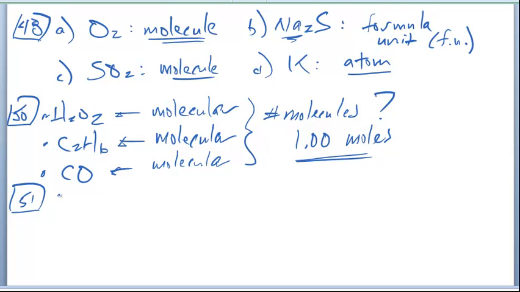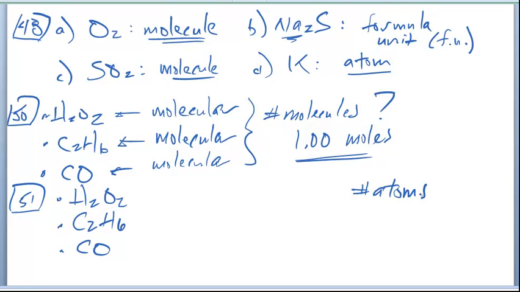Okay, so let's write those down again. We have hydrogen peroxide, ethane, and carbon monoxide. And the question is asking us about the number of atoms, not molecules.